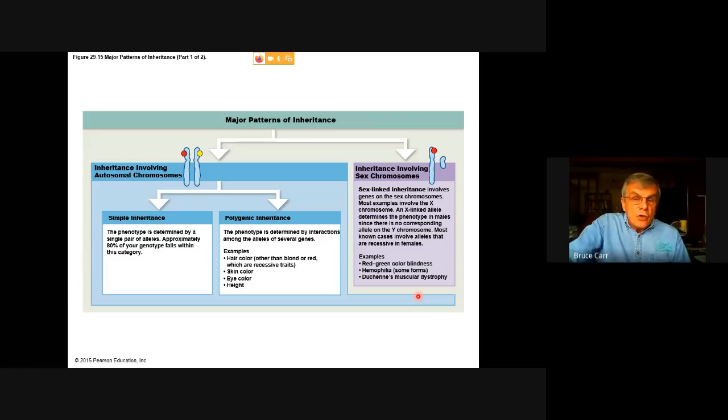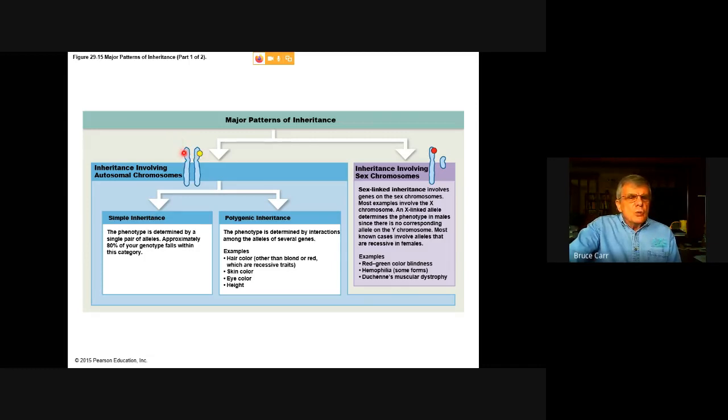Major patterns of inheritance vary in humans because we have these two different kinds of chromosomes. 1 through 22 have a homologous pair, one from dad, one from mom. When we have simple inheritance, meaning that the gene involved, shown here by colored balls, is one that affects a single trait.